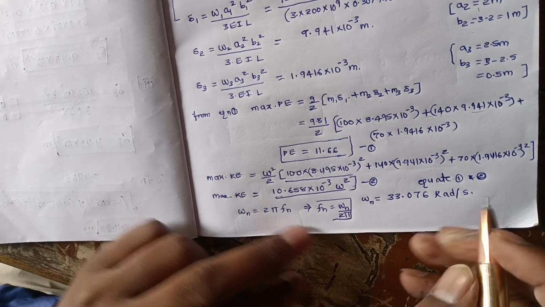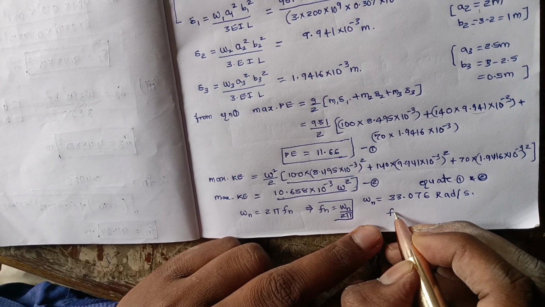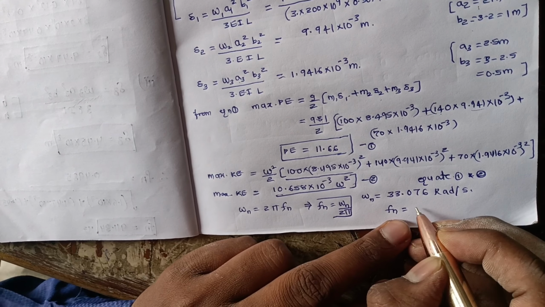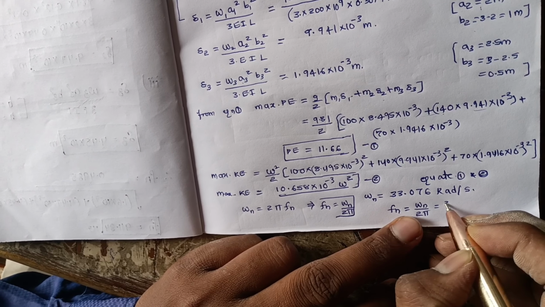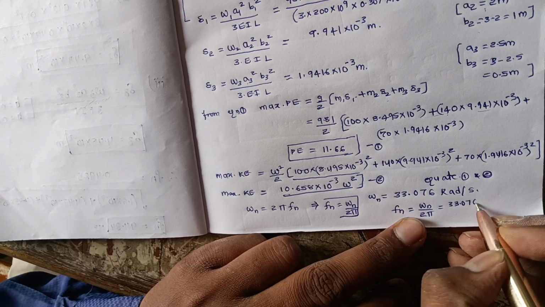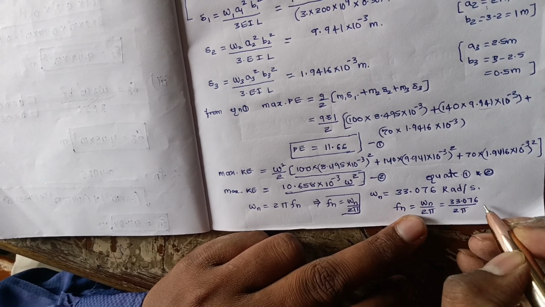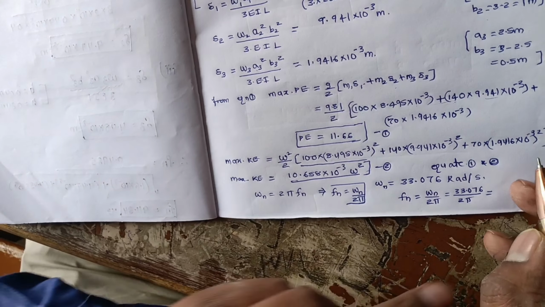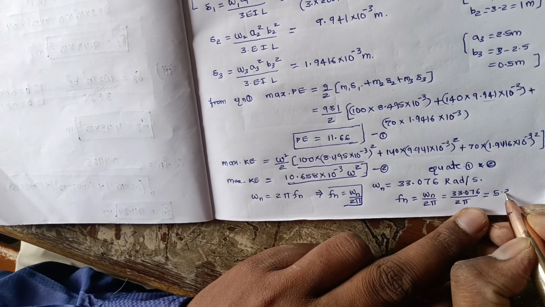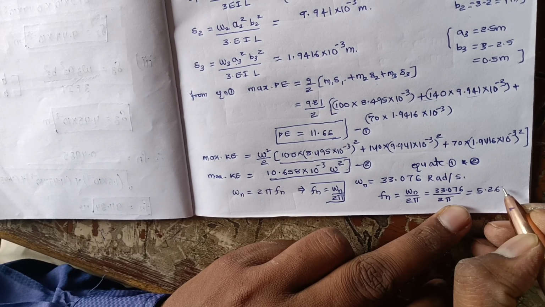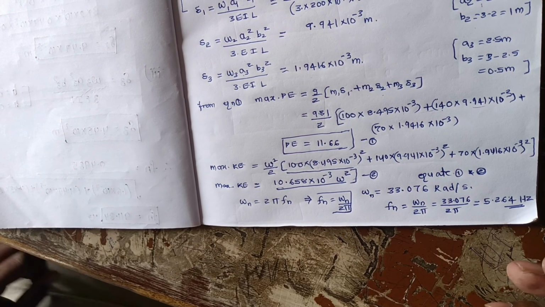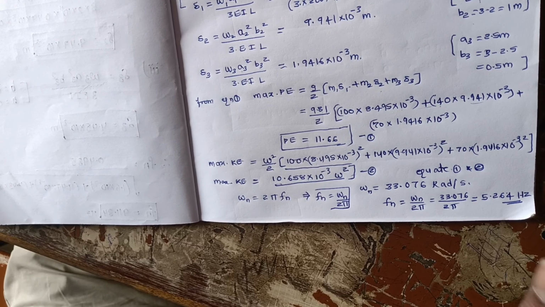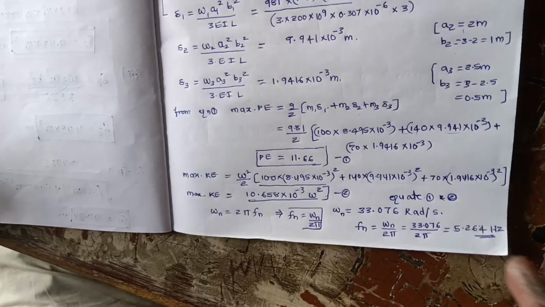So the formula is Fn equals omega n by 2 pi. So 33.076 by 2 pi, you will get the answer 5.264 hertz. This is the natural frequency, units are hertz. Like that you have to solve the problem. Okay, thank you.